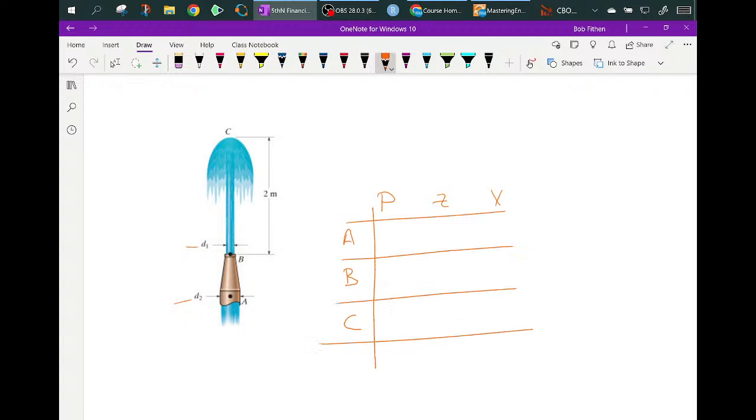And if you just recognize that the velocity at the very tip top is 0, pressure at the top, okay, let's see, that's nothing. Pressure here is nothing. We may not know this, so I'm going to take my datum here.